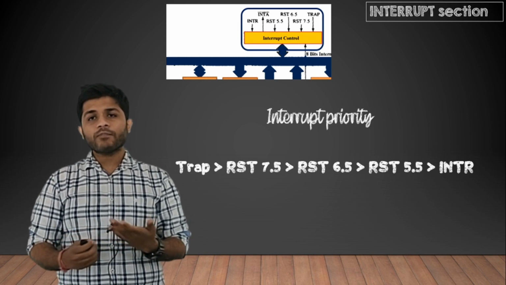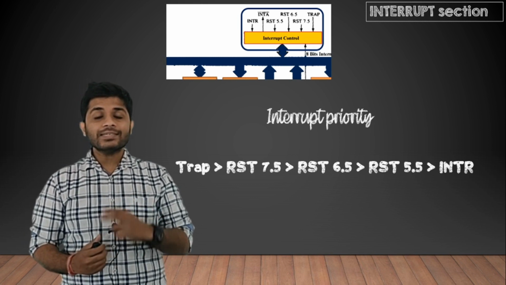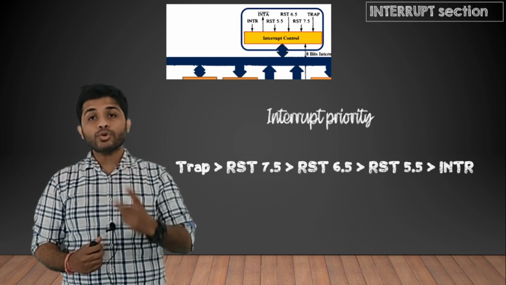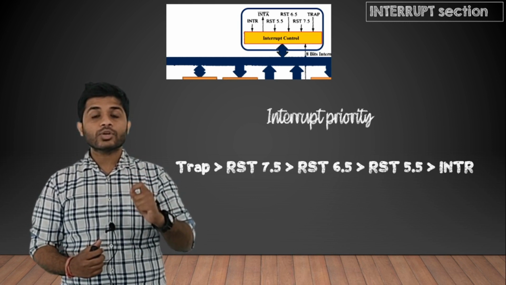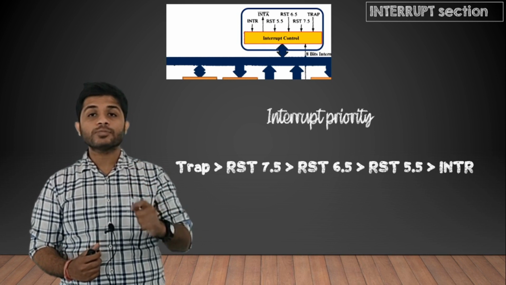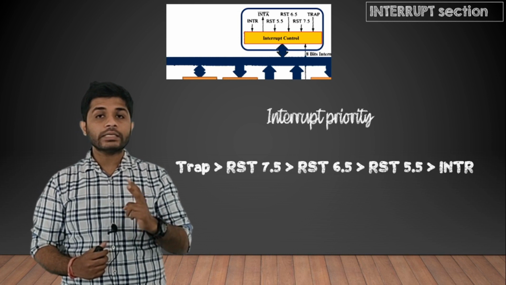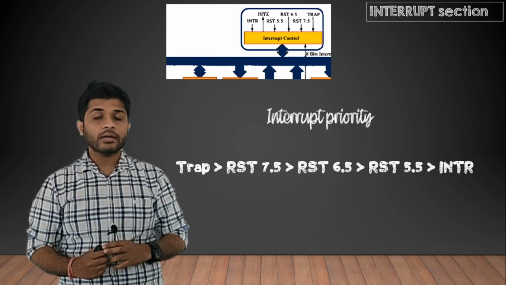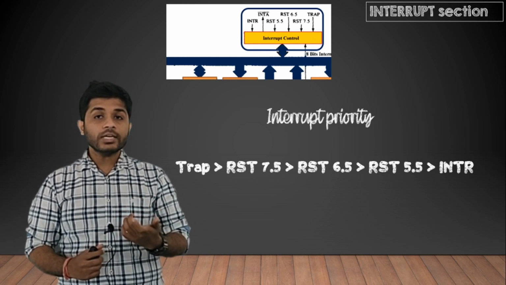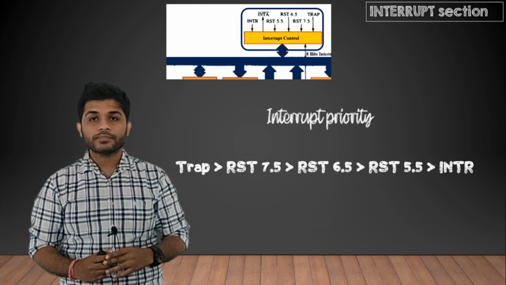What is the meaning of priority? Priority means that if the processor is getting interrupts at 2 pins at the same time, it will execute the interrupt which has the highest priority. For example, if the processor is getting interrupts at its 2 pins, TRAP and RST 7.5, which interrupt will it execute? The TRAP. Why? Because it has the highest priority.